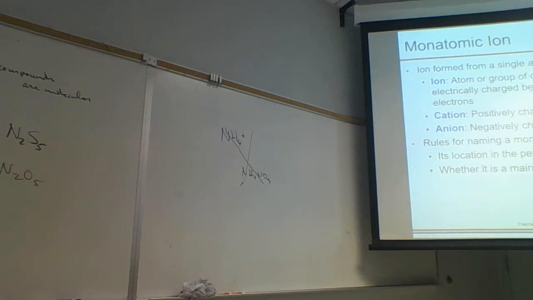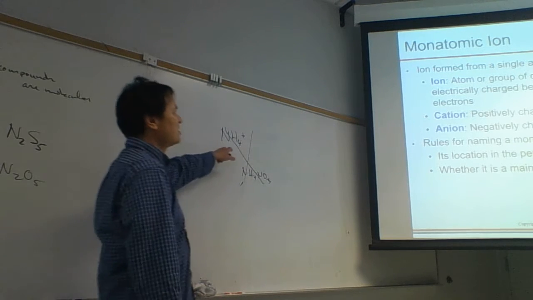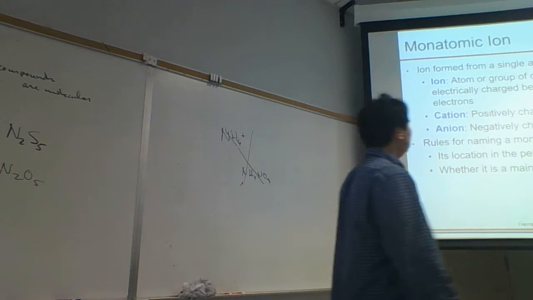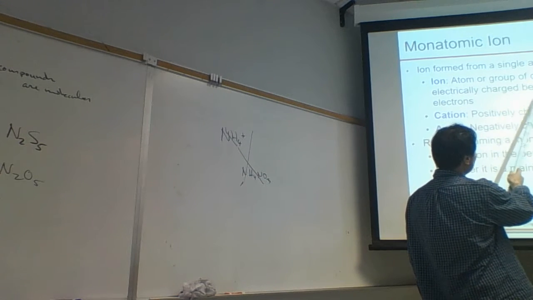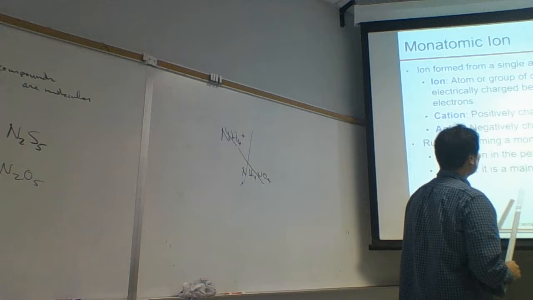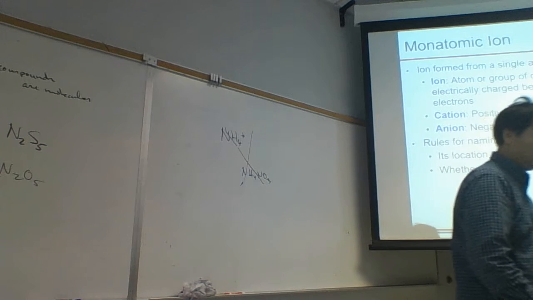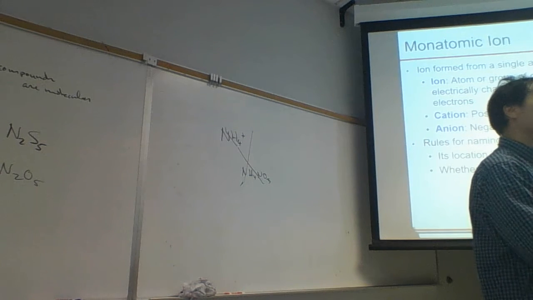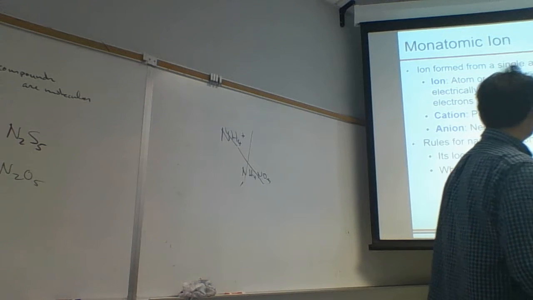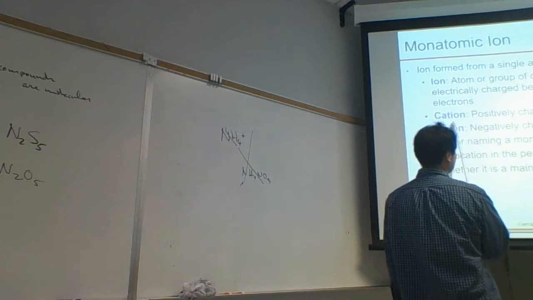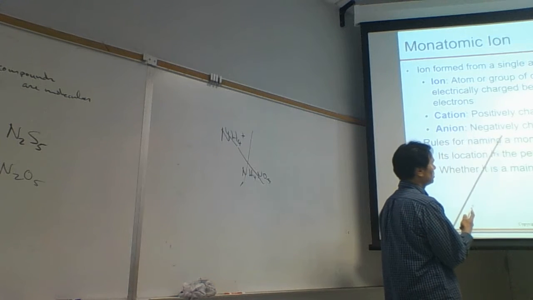This particular species is called an ion. You know what ions are? Ions have a charge. Ions can have a positive charge or a negative charge. And this charge is a result of an imbalance of electrons and protons. We have cations that form when an atom loses an electron.